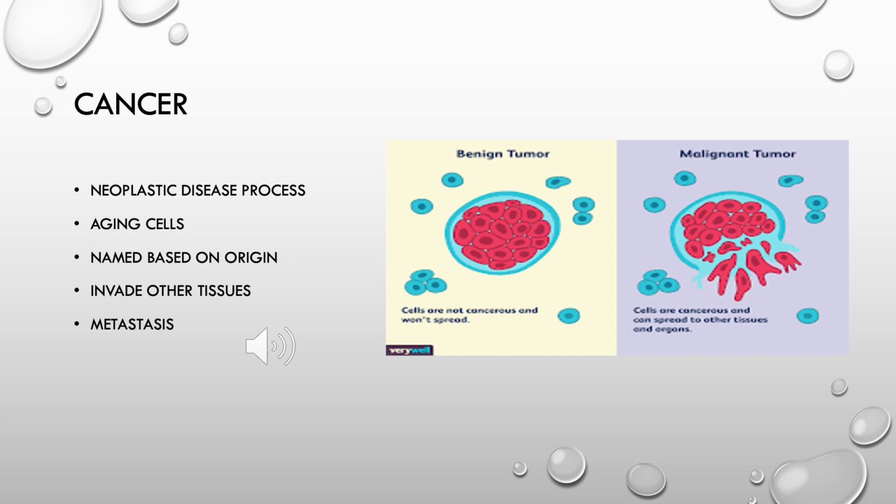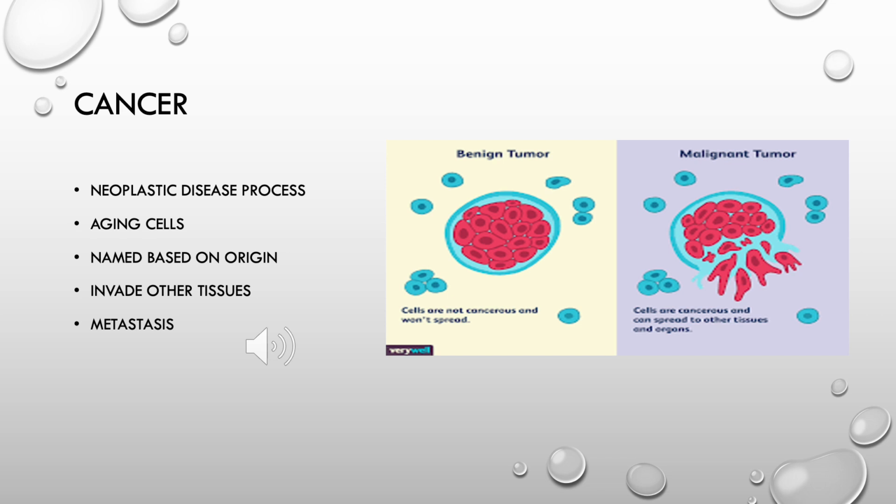So just to give you an example, somebody with colon cancer who had liver metastasis, so in other words, the colon cancer spread to the liver, which is quite common, you would say the patient has colon cancer with mets to the liver. And if you look at this picture here, I want to point out that tumors can be benign.